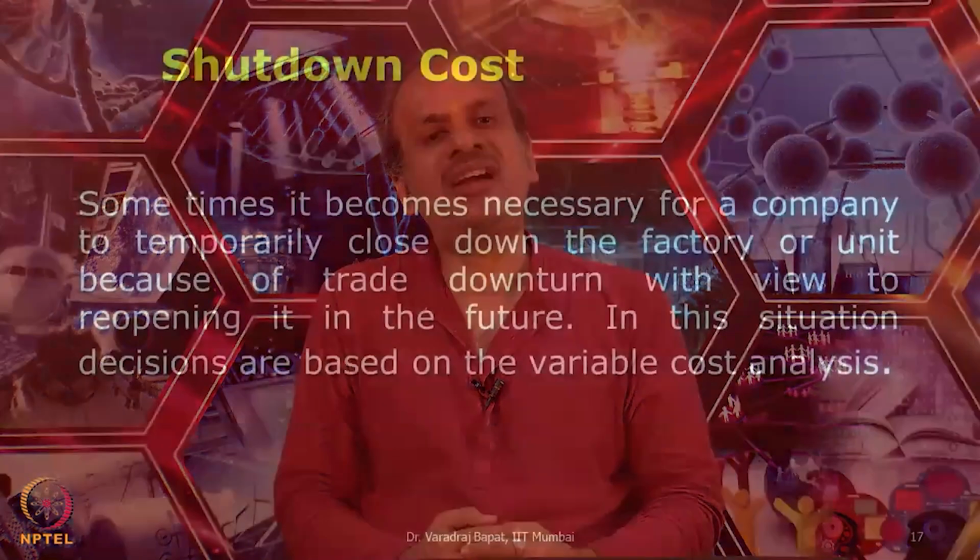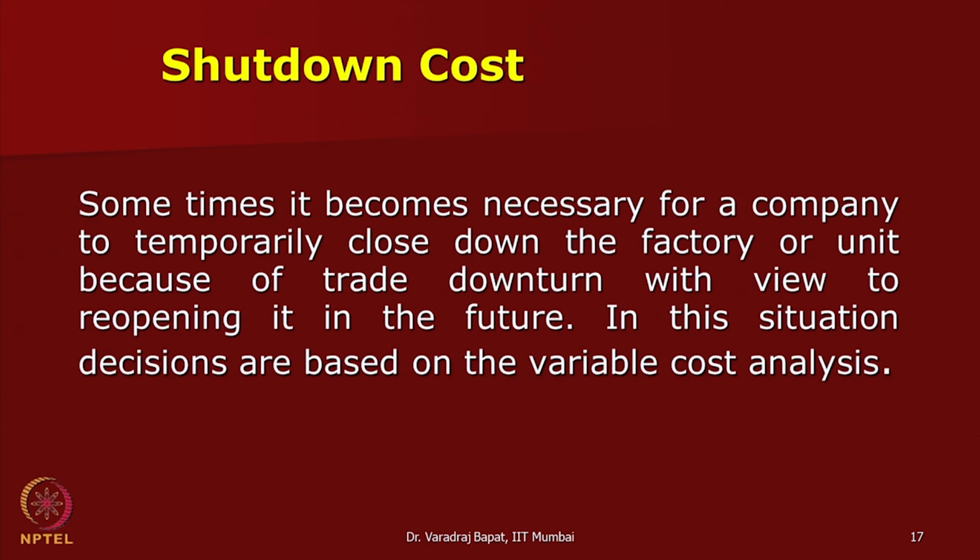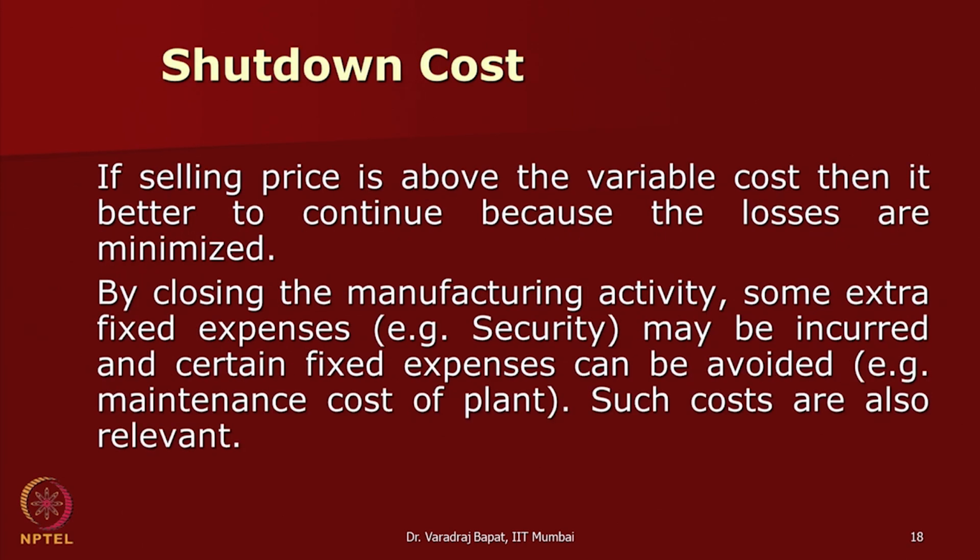comparing the two, the make or buy decision will be taken. Getting it? Now let us look at shutdown. Sometimes it becomes necessary to make a temporary shutdown, because if the demand for the product goes down, or if there is lack of availability of raw material or labor or some of the inputs, instead of paying hefty variable cost or instead of not being able to sell our product, it might be advisable to temporarily close down the product, especially if selling price is below variable cost, it is better to close.